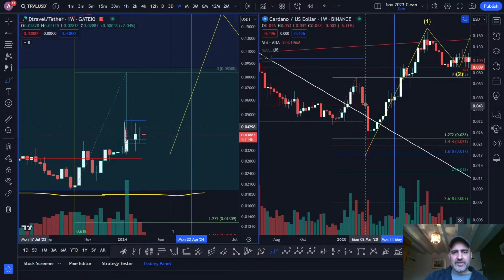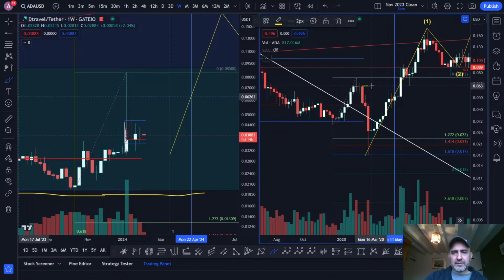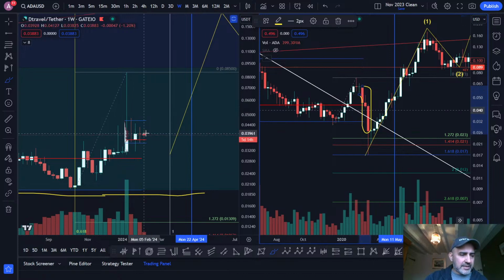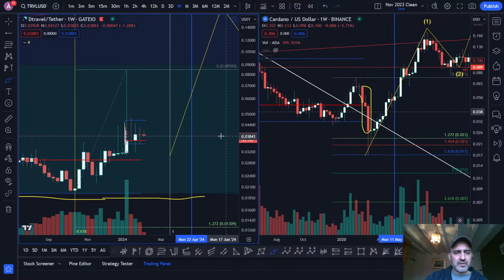So I don't necessarily think it's going to behave in exactly the same way, but we are coming to a period where it's possible that we are forming these 3 red candles. And I'm not selling myself personally at all, not even small amounts.